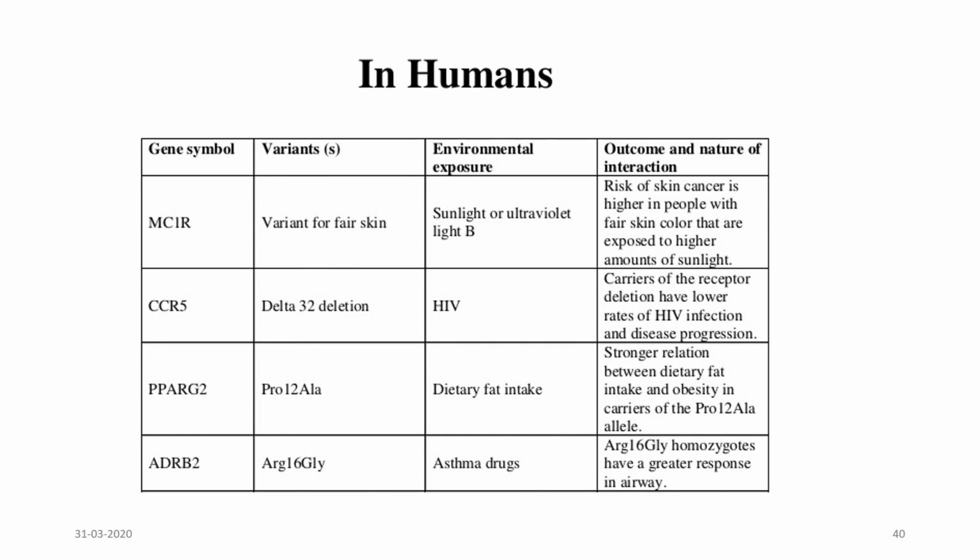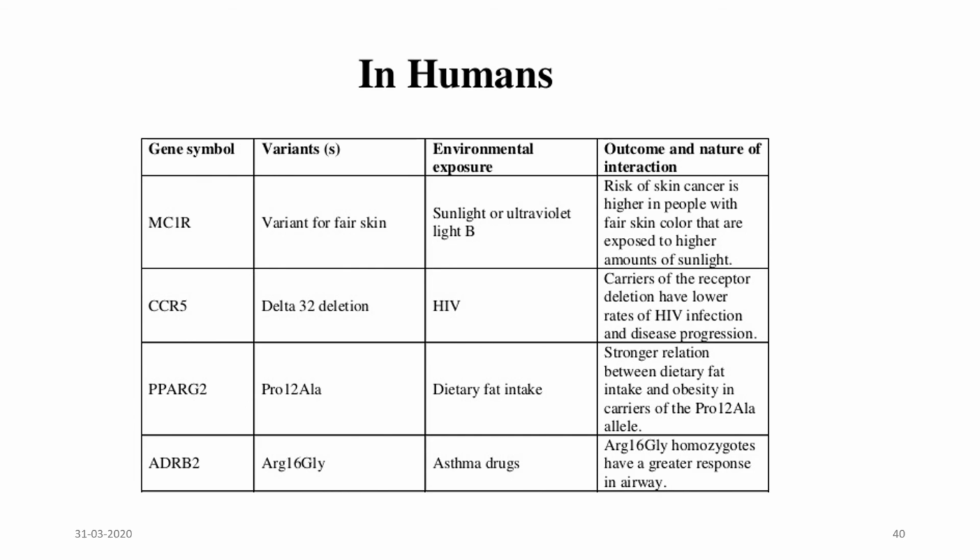The PPARG2 gene is related to peroxisome proliferator activated receptor gamma. If you have a mutation from proline at the 12th site to alanine, and the person is exposed to dietary fat intake, there is stronger intake and obesity can be related.